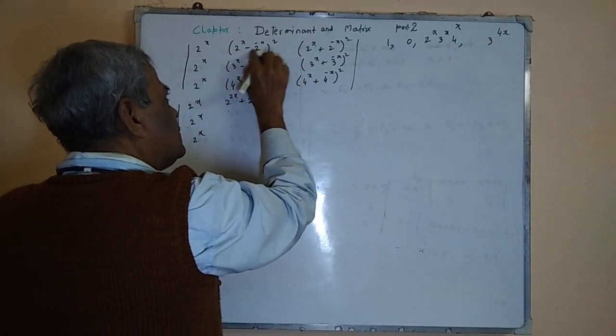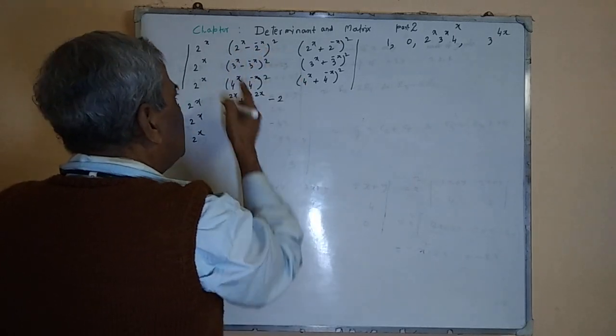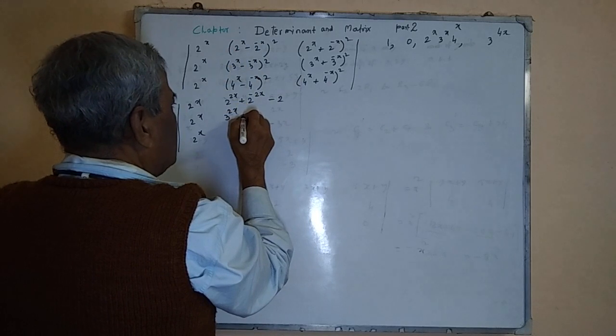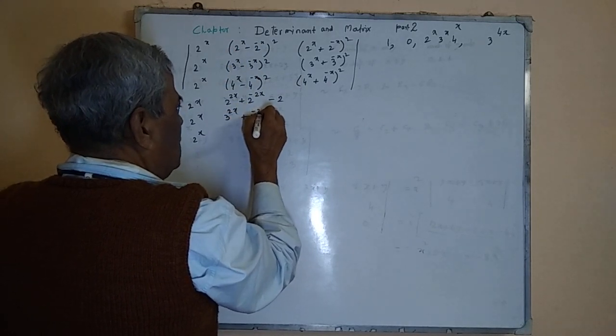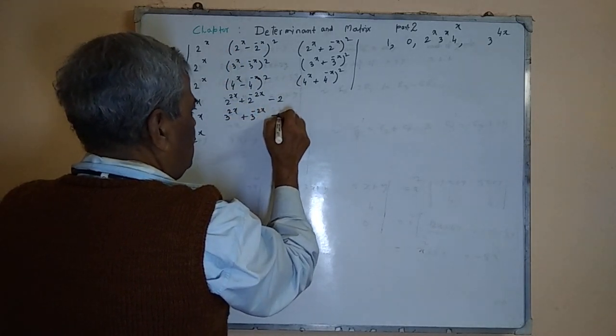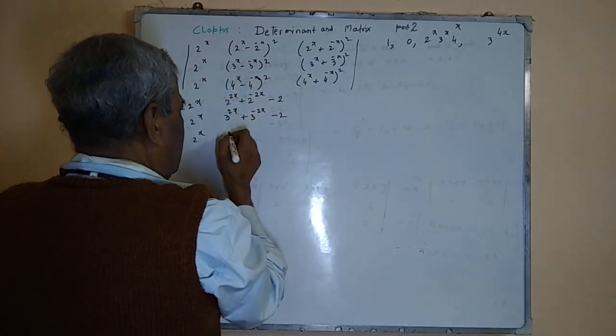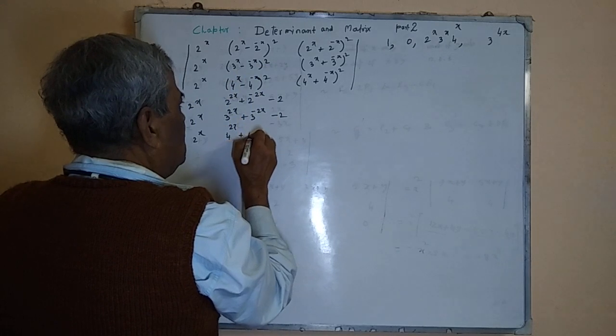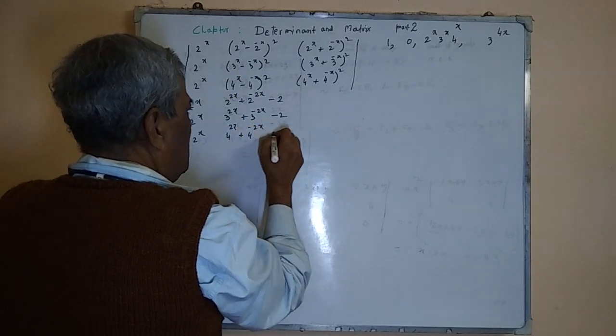Minus 2 into this into that, they become 1. Similarly, this is equal to 3 to the power 2x plus 3 to the power minus 2x minus 2 by the same argument. This is 4 to the power 2x plus 4 to the power minus 2x minus 2.